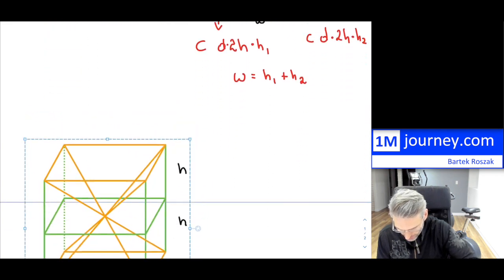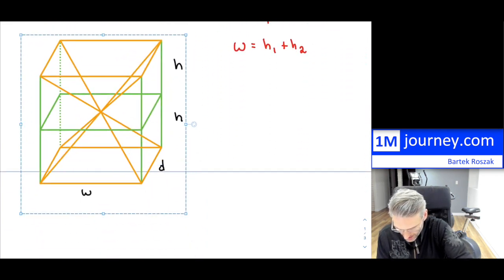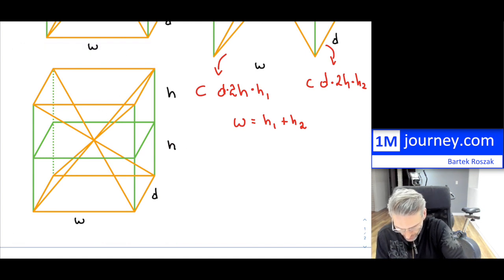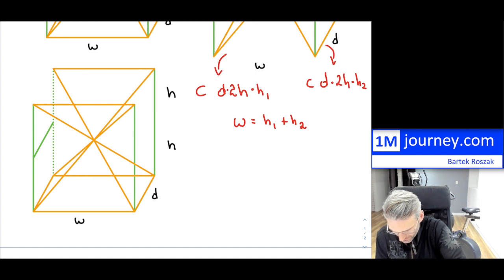Bring it down, just below it. And this is what I am referring to now. I hope I'm not going to erase the wrong things here. So I have to erase that, and I have to erase this.